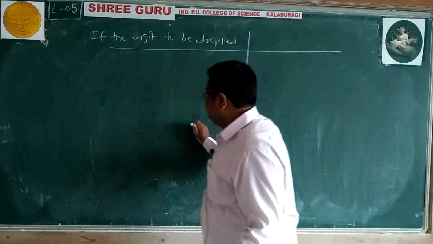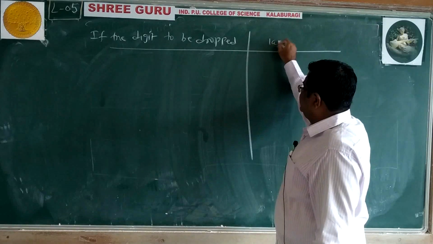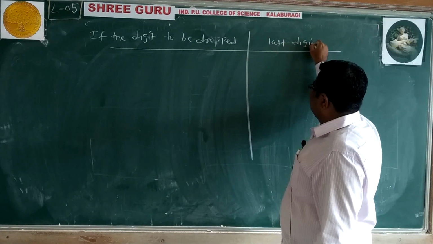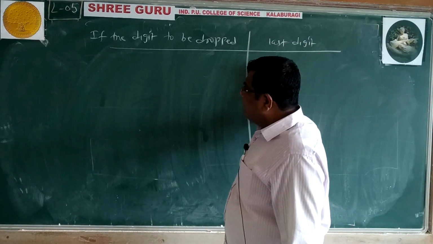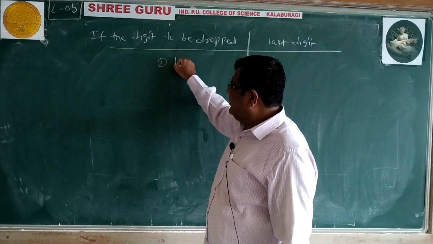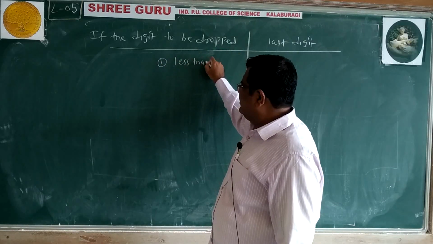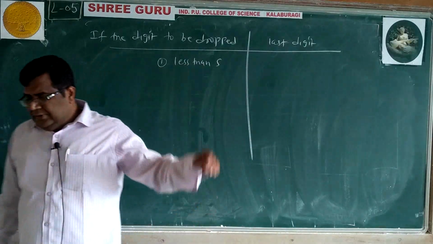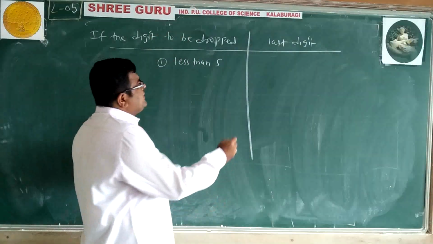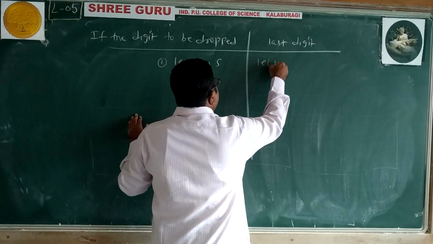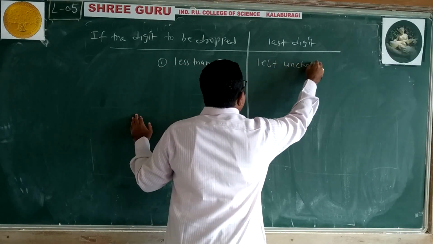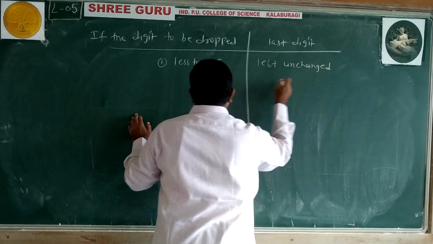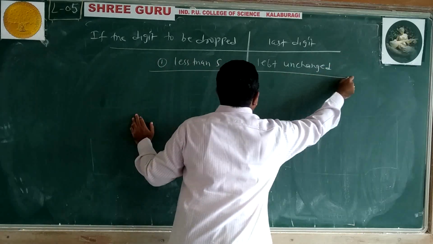Last digit: if the digit to be dropped is less than 5, then the last digit is left unchanged, no change. We'll take an example and then we will understand this.